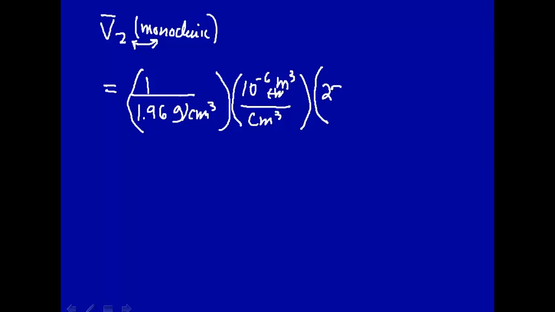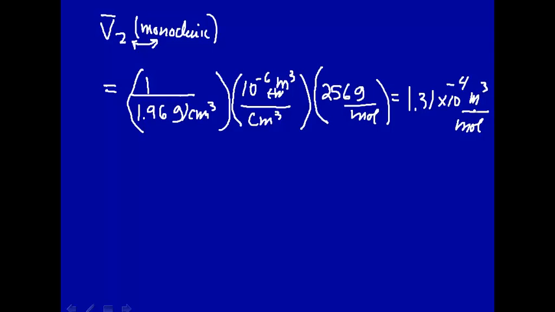S8 is 256 gram per mole. So this comes out to be 1.31 times 10 to the minus 4 meter cubed per mole. That's the partial molar volume of the monoclinic phase.